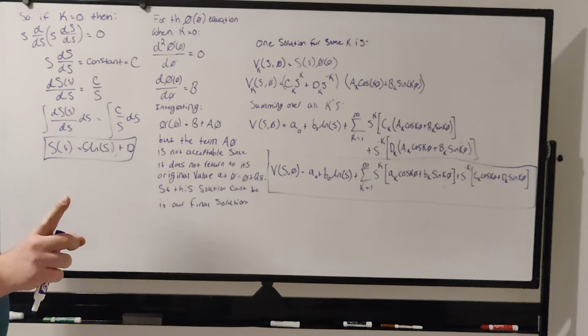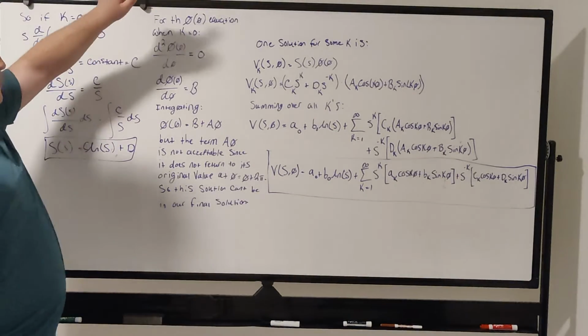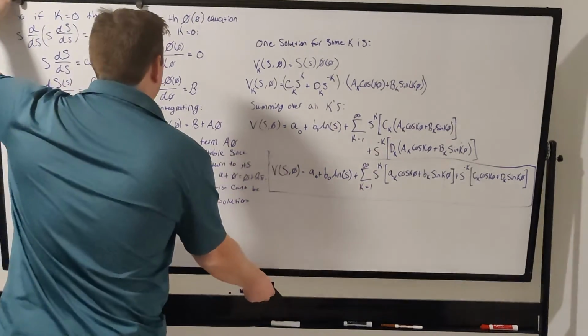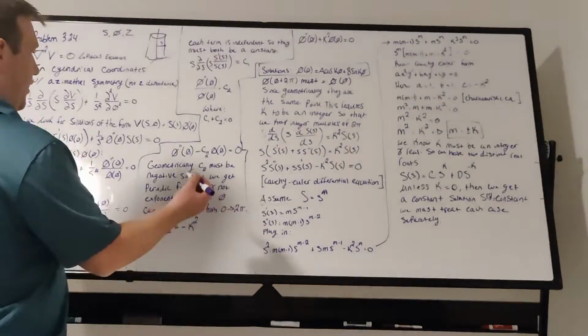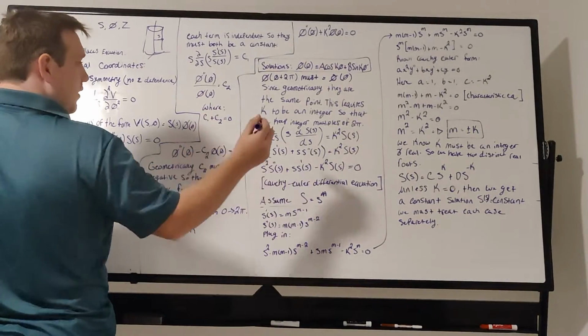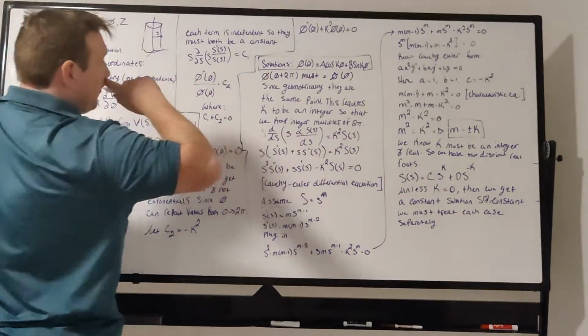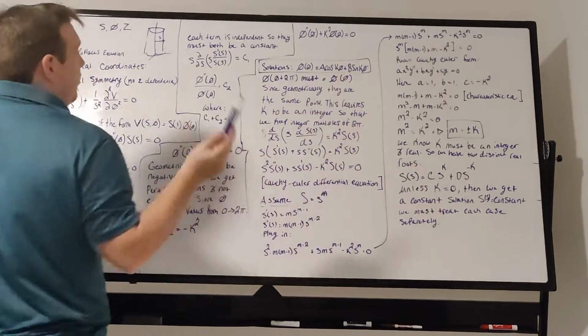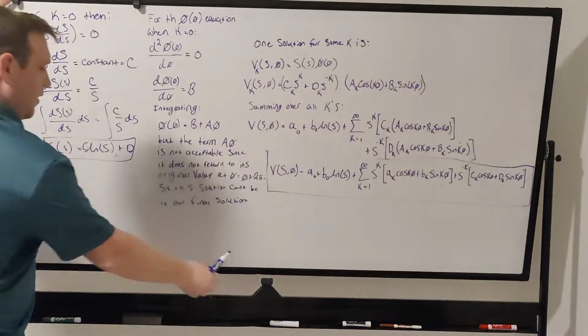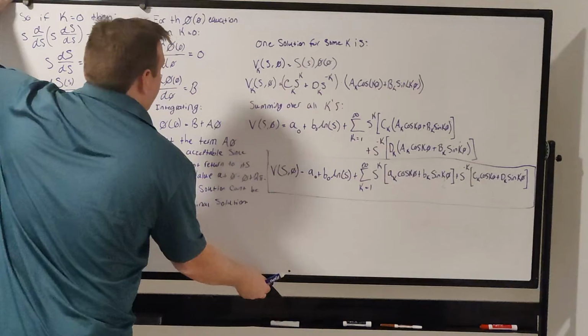Now, let's quickly look at the phi equation, because the phi equation also has k in it. It is right here, so what if k is 0 for that equation? Let's look at that case.